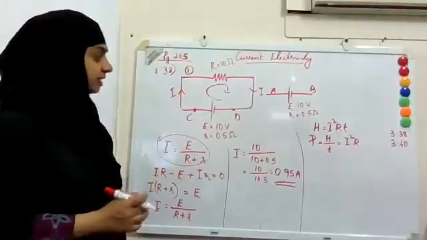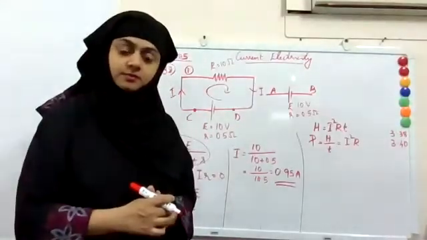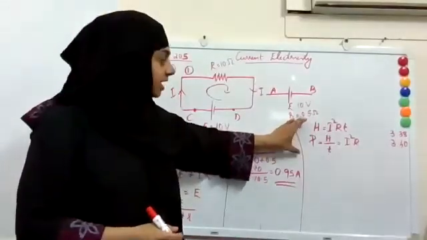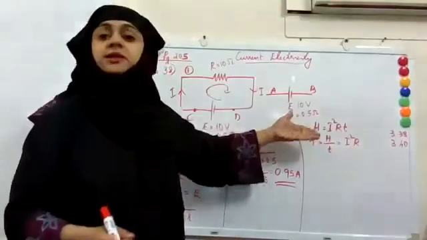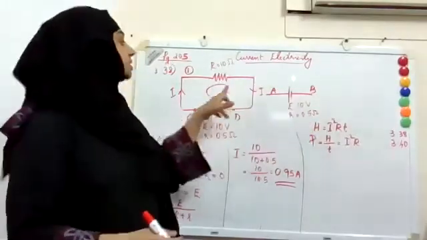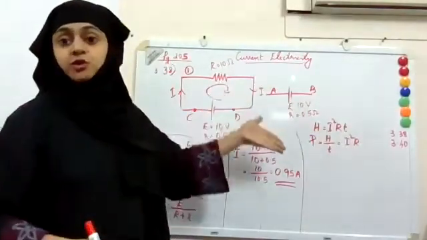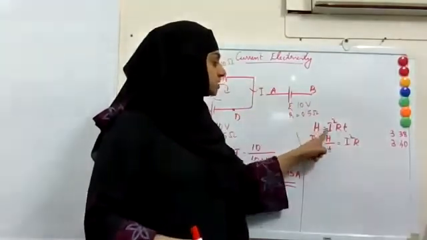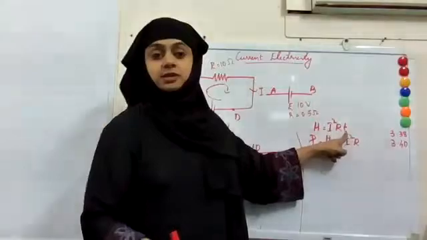Teacher, can you repeat this part again? Yes. They have asked what is the rate of heat produced in this circuit. We know that the heat produced is given by Joule's law. H is equal to I square RT.